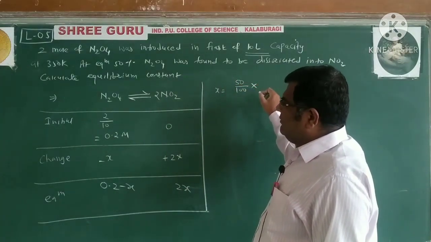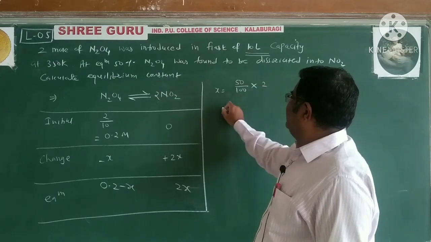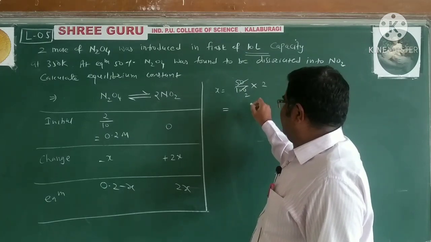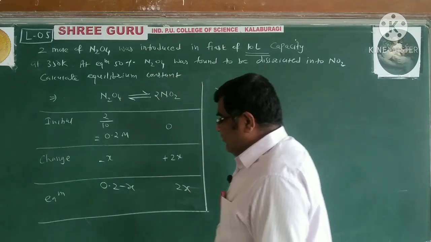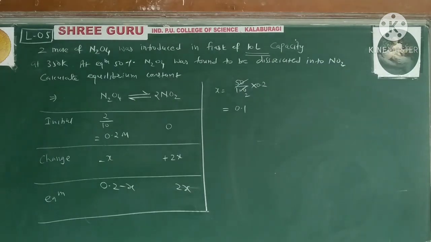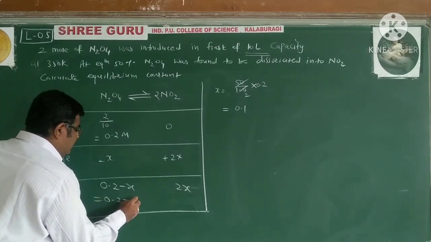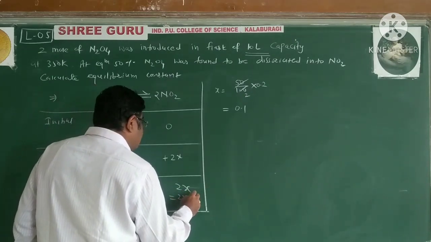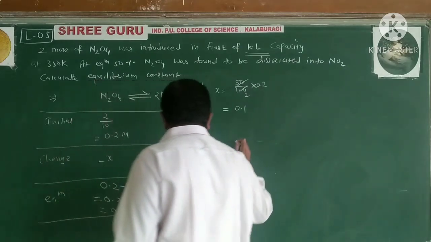And how many moles of dinitrogen tetroxide were present? 2 moles were present, and that's why 0.2 mole per liter was present, and that's why x equals 0.1. Then if x equals 0.1, 0.2 minus 0.1 is 0.1, and 2 into 0.1 is 0.2. Well, everything is clear.